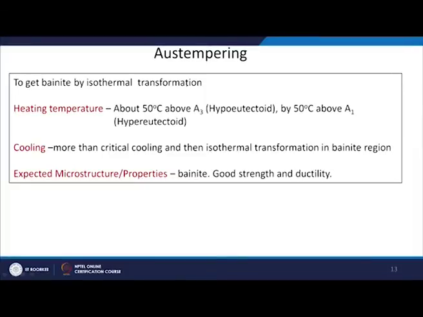There is another very interesting heat treatment called Oss tempering. What we do in this is get bainite by isothermal transformation. If you remember, I said that you cannot get bainite in normal continuous cooling, but you can get bainite by isothermal transformation.